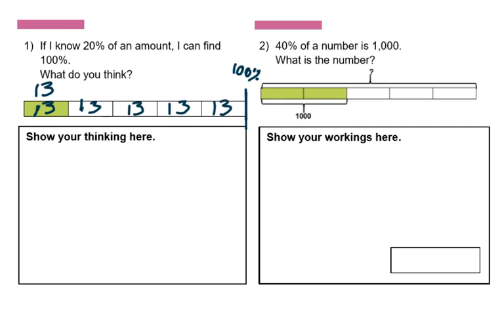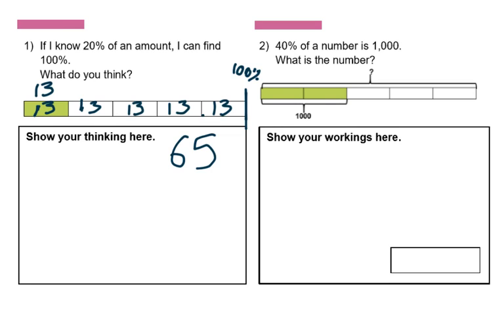Add another 13 for 80%, so 39, add the 10 is 49, add the 3 is 52, and to get to 100%, 52 add 13 is, add the 10 is 62, add the 3, 65. So 100% is 65.